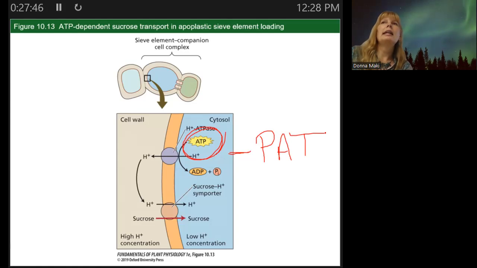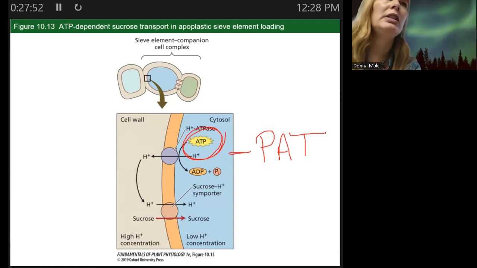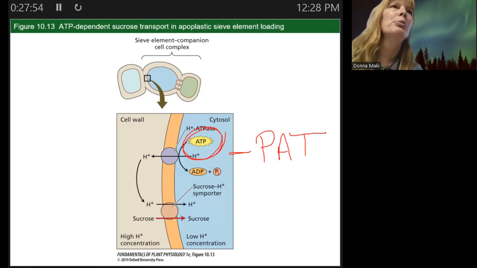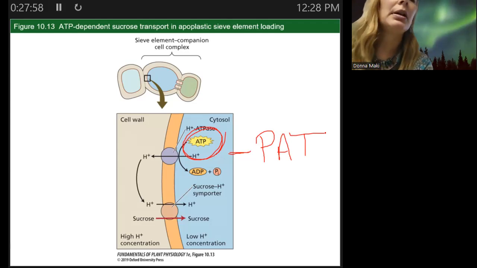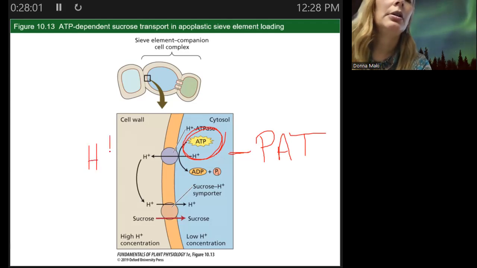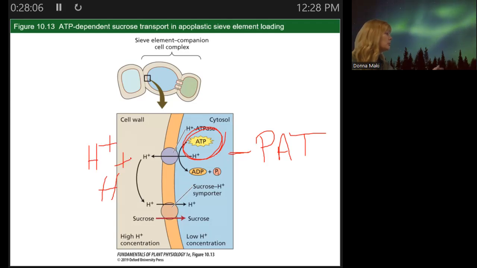So what is the setting of the stage? You're creating a proton gradient. So here you see ATP is being used. You need that energy to push protons across the membrane. And so if that keeps happening over and over and over, you get more protons building up in the cell wall space there compared to what you have in the cytoplasm.